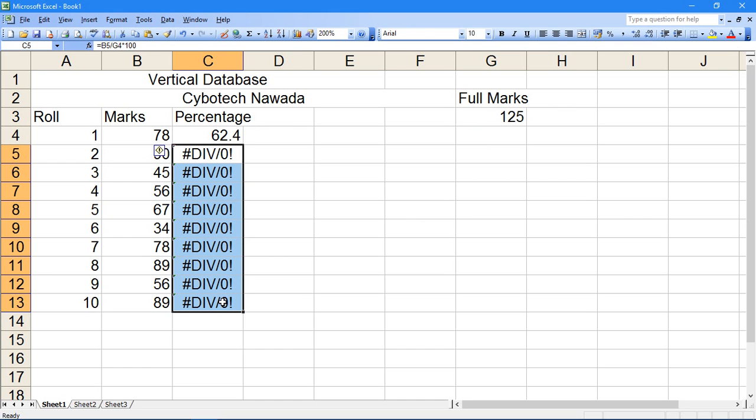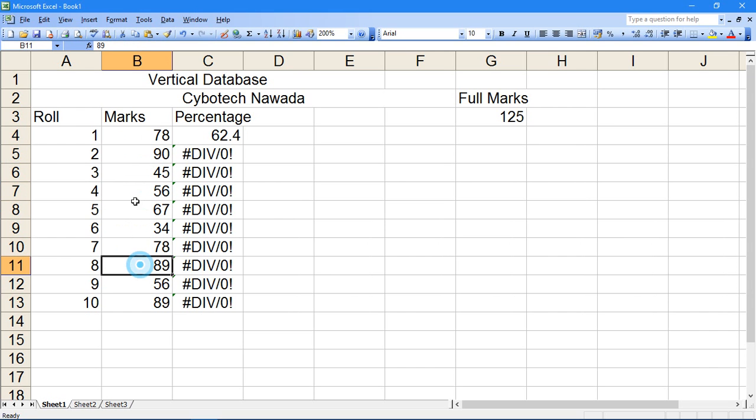There are several other problems in which the relative addressing mode is not useful. Then what is the solution? First of all, understand the problem. What is the problem? For each and every student, the marks obtained by the student are in a different cell.